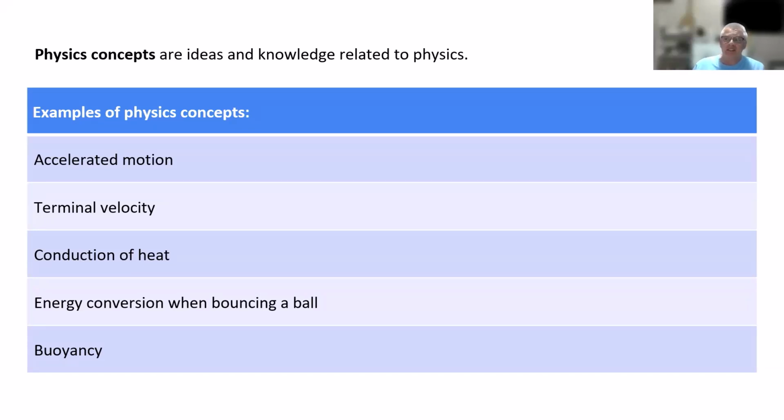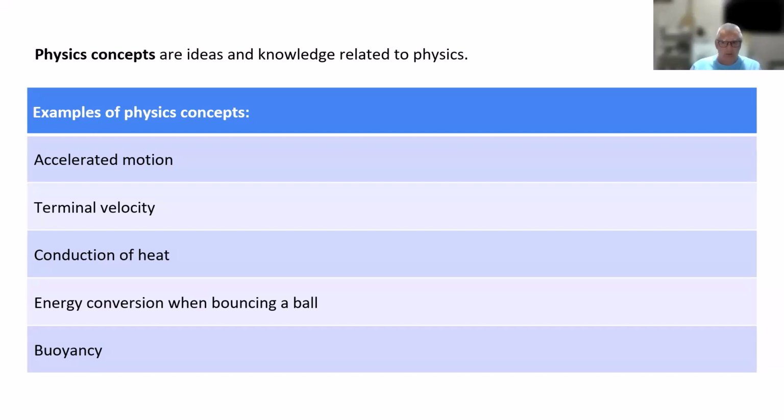You're going to have the examples we've got. Accelerated motion is a physical concept. Terminal velocity is. Conduction of heat is. Energy conservation or energy conversion when bouncing a ball, and buoyancy. Now, I guess the comment I'd make is, is velocity a concept?